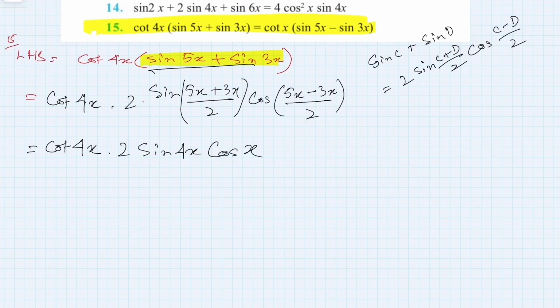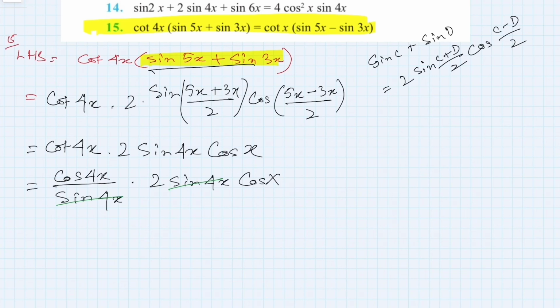Now here you see cot 4x can be written as cos 4x divided by sine 4x, into 2 sine 4x into cos x. Here sine 4x is gone, so we got 2 cos 4x and cos x.